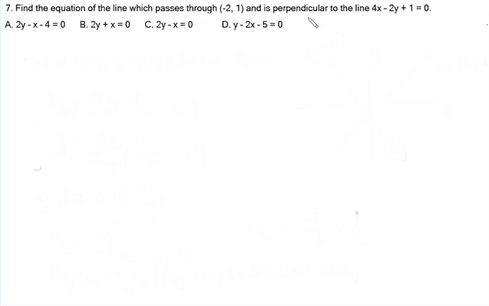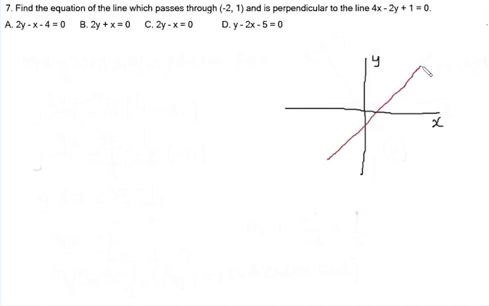perpendicular to this line. Okay, so I'd like to draw a 2D plane to show you an illustration. So this is your y-axis and your x-axis. So let's say our line is this.